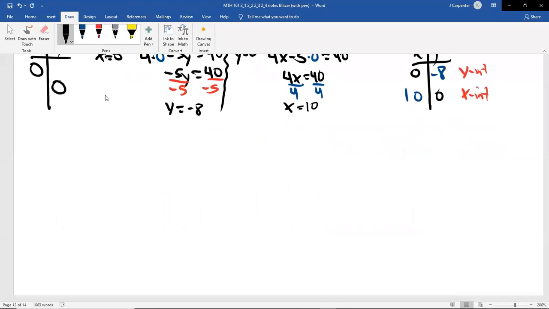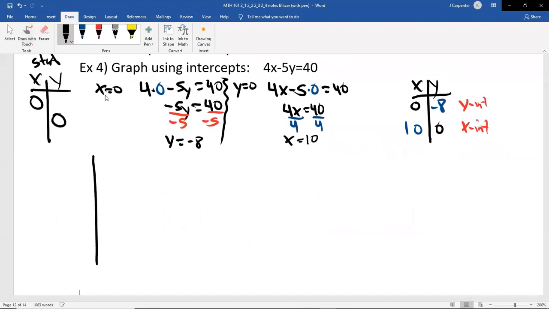So we can graph our line now. And here's my favorite aspect of doing this by hand. I'm not going to go on my x-axis 1, 2, 3, 4, 5, 6, 7, 8, 9, 10. I'm not going to do that. I'm just going to put 1 dash and put 10 because that's literally the only x value I need.